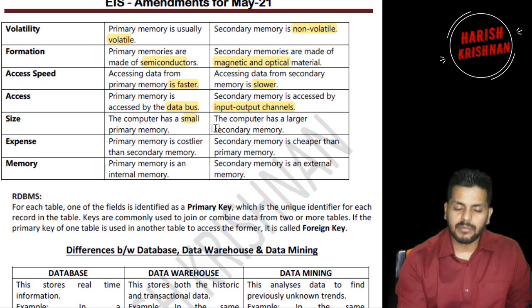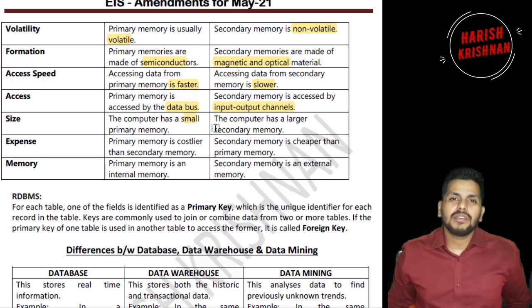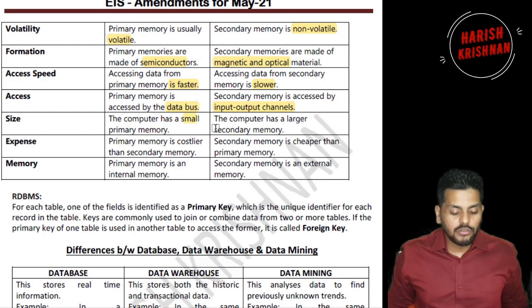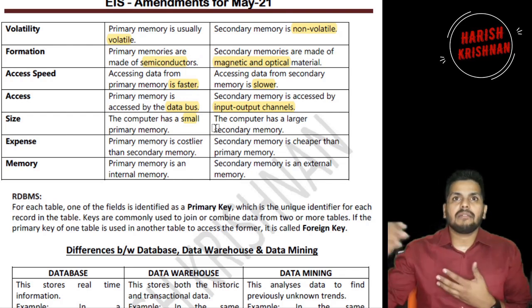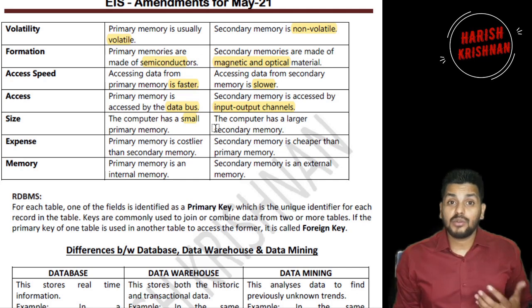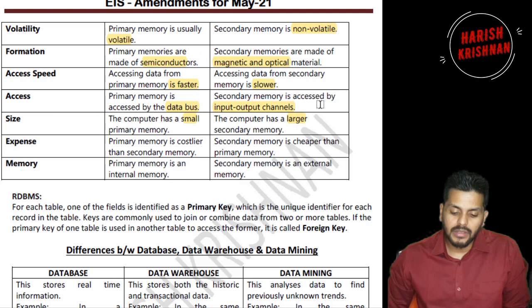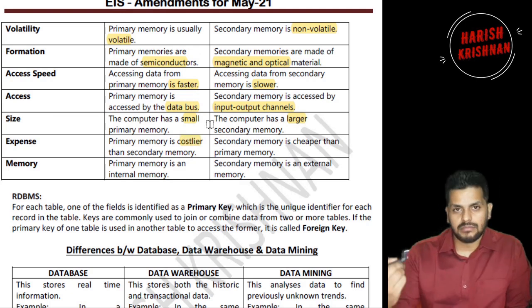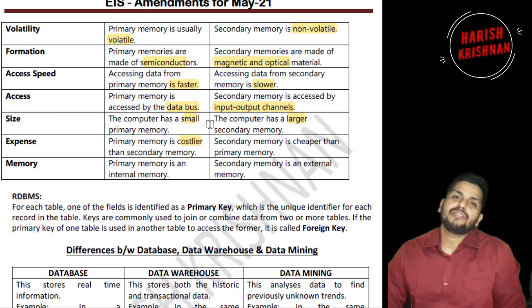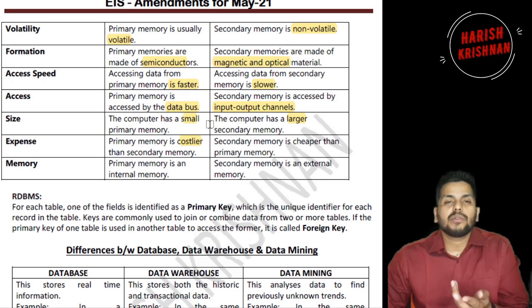Size: primary memory is smaller, because you have 2 GB RAM, 4 GB, maybe nowadays we are using 16 and 32 GB RAMs, but for secondary memory you see 1 TB hard disk, 2 TB hard disk, so secondary memory is comparatively larger. Primary memory is costlier than secondary memory because of the kind of work that it does. Secondary memory, what's the cost of a pen drive nowadays?